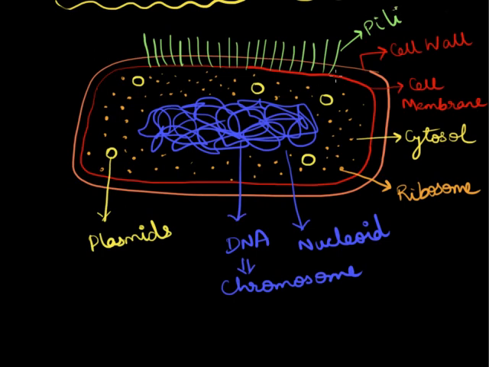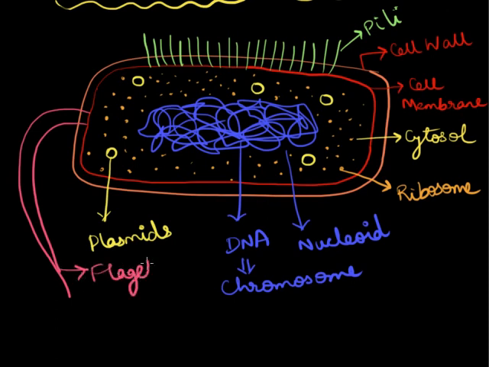Right? These are found throughout the cell, but I'll just move on to another structure, which is called the flagella. This also extends from the plasma membrane, and this is used for locomotion. So this is the flagella. Flagellum singular, flagella plural.